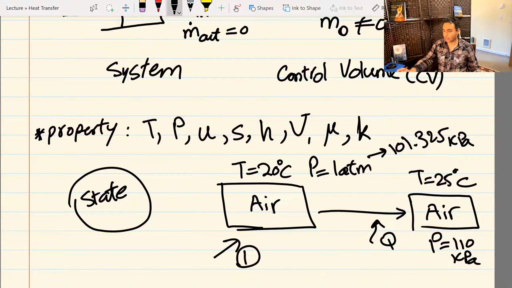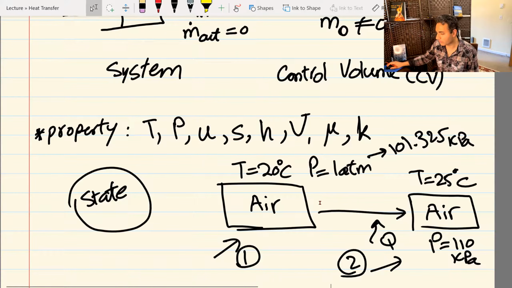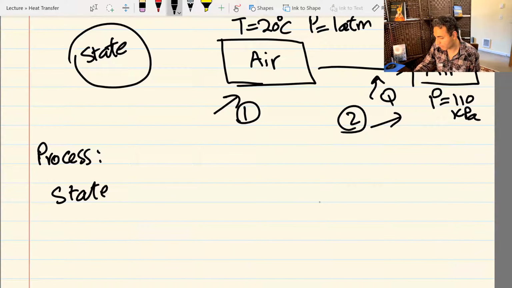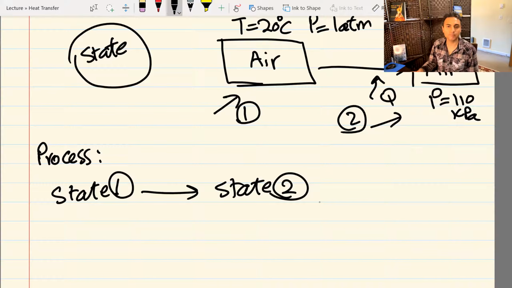That was state one. And at the end, I have a different combination of properties, which I call state two. Now, based on this, I'm going to define something new, which is also called a process. A process is when you go from state one to state two. That's what a process is.